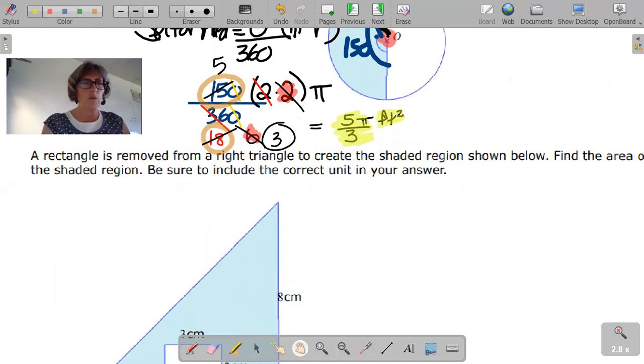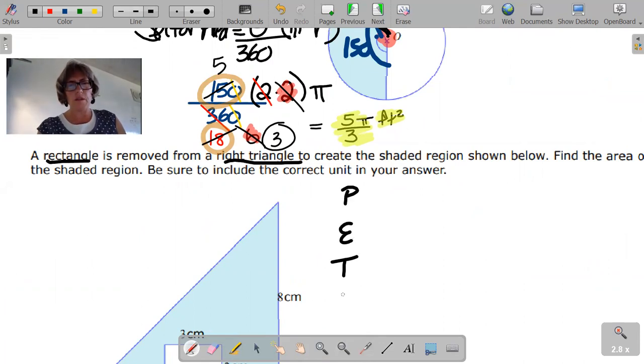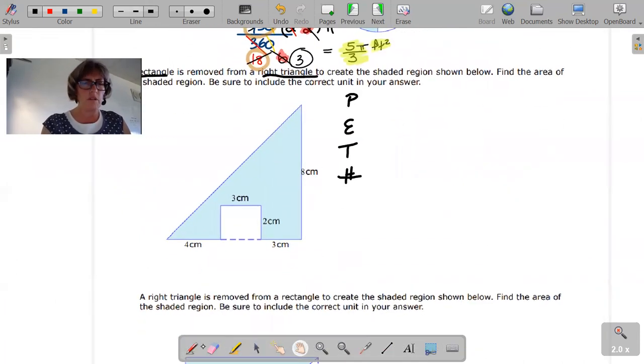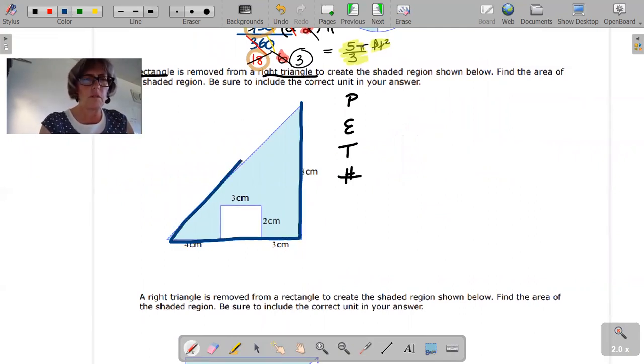It says right here, a rectangle is removed from a right triangle to create a shaded region. Find the area of the shaded region. So we're going to follow PET. PET hashtag. First we make a picture equation, and our picture equation says it was a right triangle.